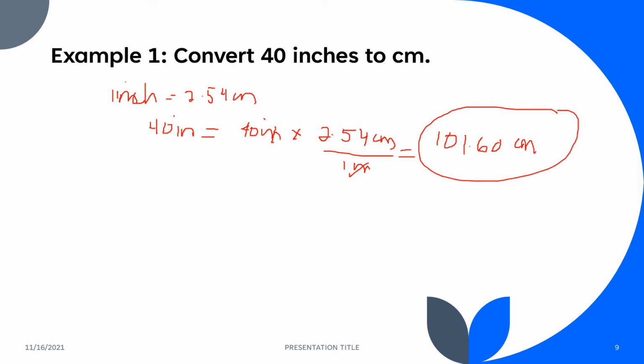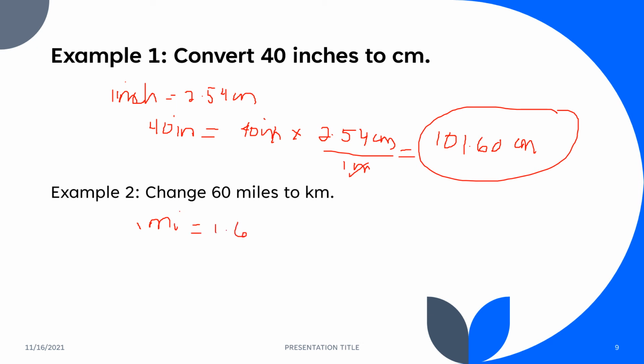Next, change 60 miles to kilometers. We know that 1 mile is equal to 1.6 kilometers.